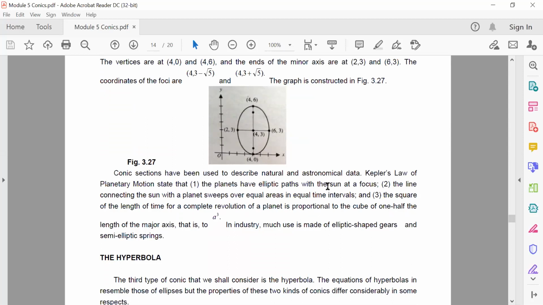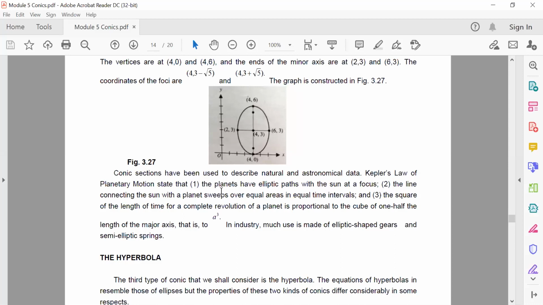Alam naman natin sa heavenly bodies sa astronomy, the Earth orbits the Sun in elliptical orbits.